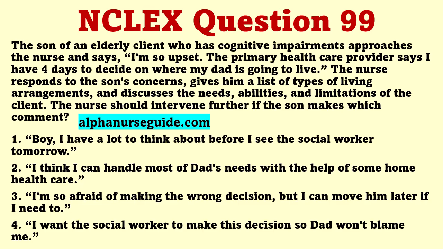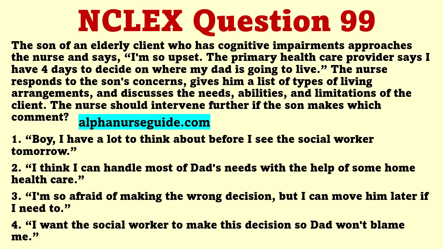The nurse should intervene further if the son makes which comment? 1. Boy, I have a lot to think about before I see the social worker tomorrow. 2. I think I can handle most of Dad's needs with the help of some home health care. 3. I'm so afraid of making the wrong decision, but I can move him later if I need to. 4. I want the social worker to make this decision so Dad won't blame me.